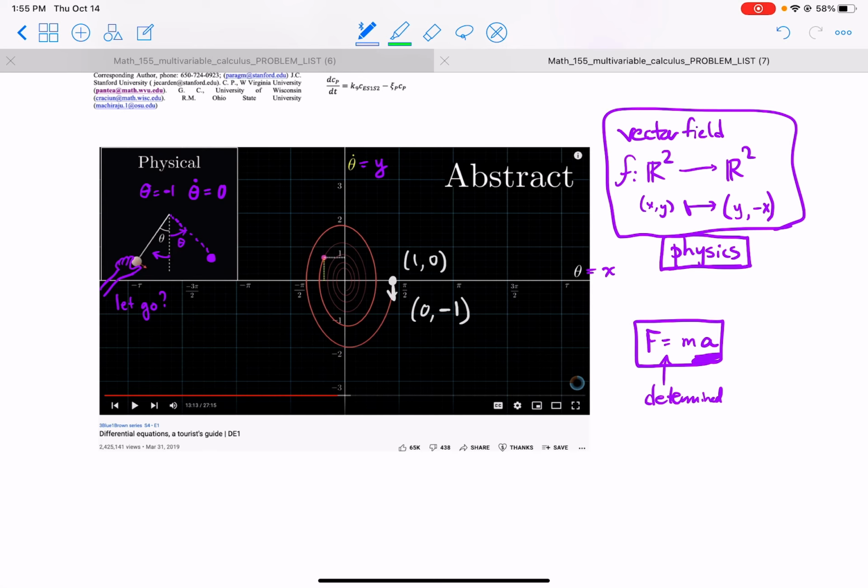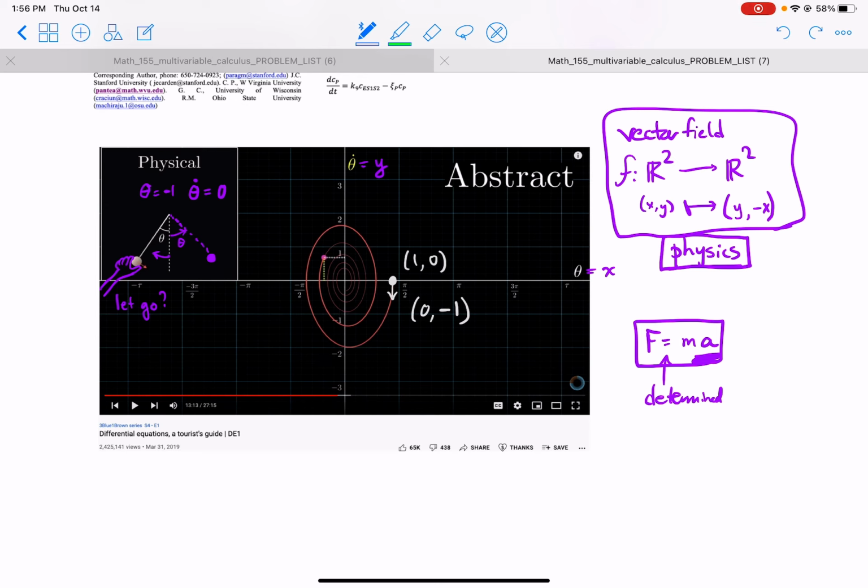And that is this vector. It's pointing downwards. And so that's how we know that at the next moment, the position will roughly stay the same, and the velocity will start to decrease, because we go down.